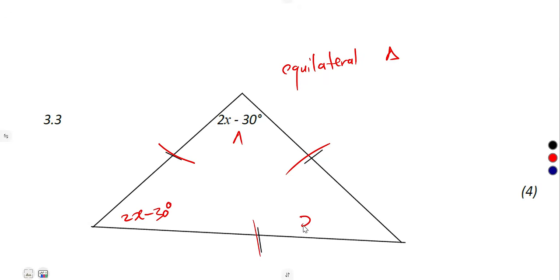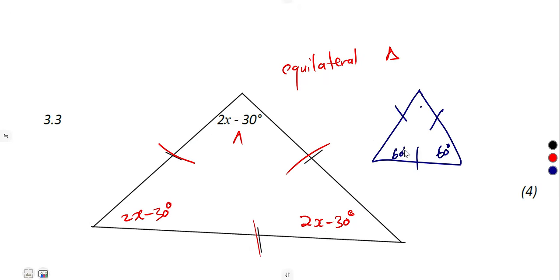It also means this is 2x minus 30 degrees, as all angles are exactly the same. So to find x, we can add up these and equate to 180, or we can use the concept that in an equilateral triangle these 3 angles are exactly the same. So each angle is 60 degrees. Remember, I talked about this from 180 degrees divided by 3. Remember, all of the 3 angles are the same.